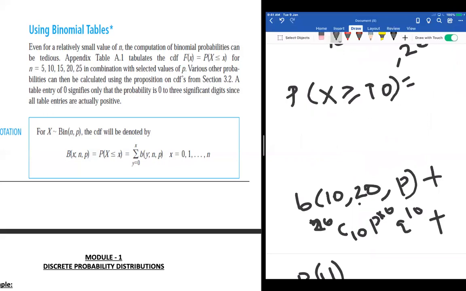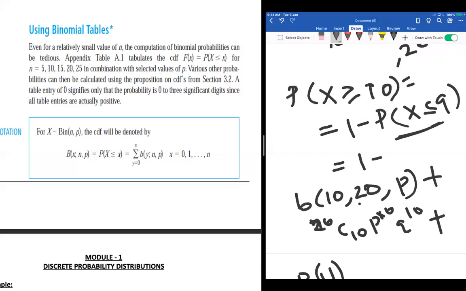All we have to do is replace the value using the table and we get the solution. So capital B(x; n, p) denotes the sum of all probabilities less than or equal to x.